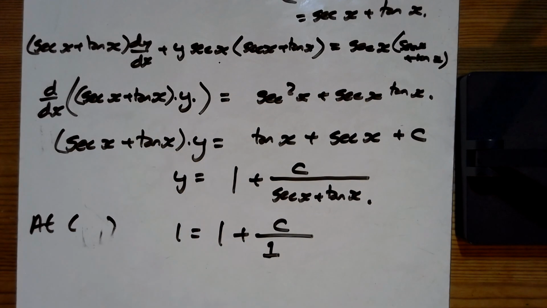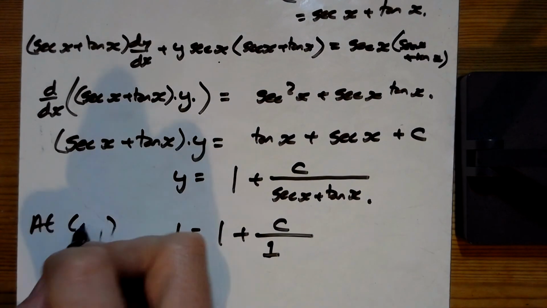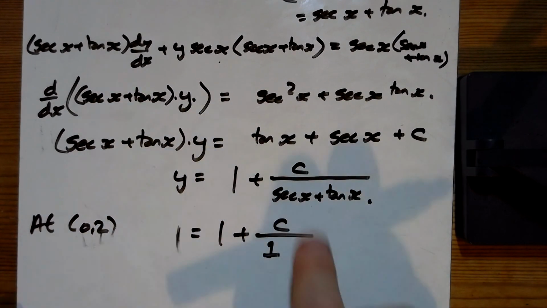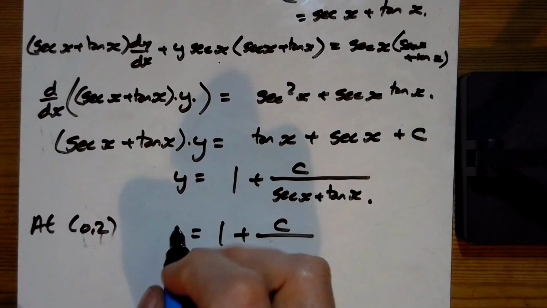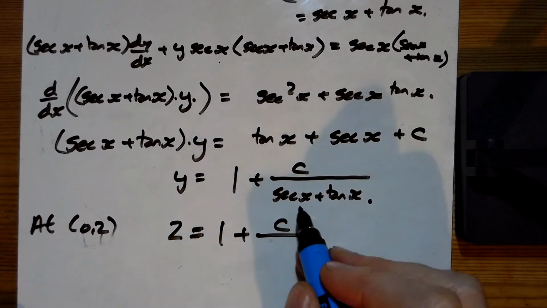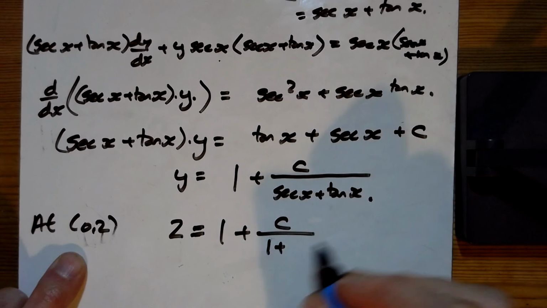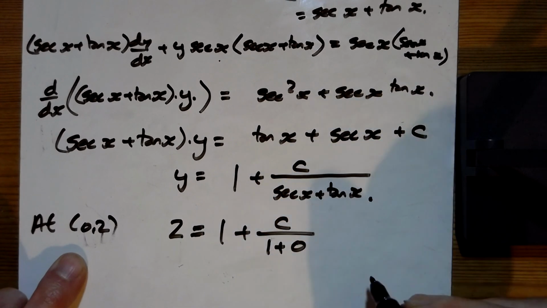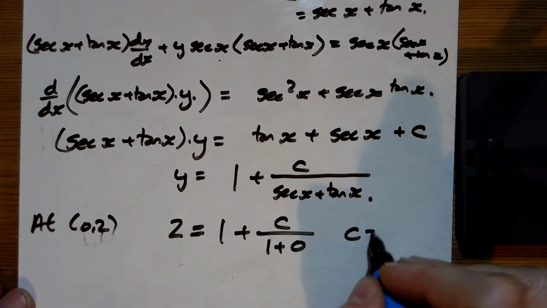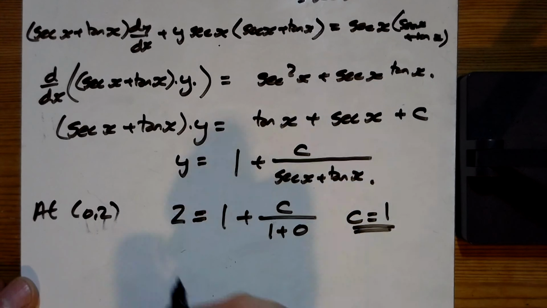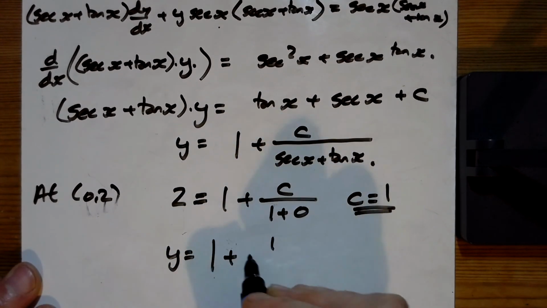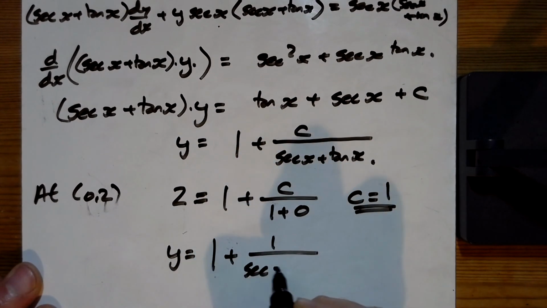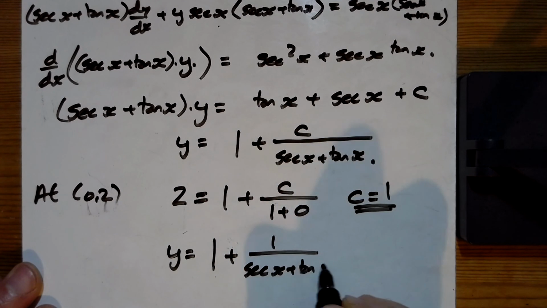We're putting in, I misread it, 0, 2. Okay, because the sec of 1 isn't 1. That's what I was worried about. So stick a 2 in there. The sec of 0, that's 1, and tan 0 is 0. And so that tells me that c is equal to 1. And our answer is y equals 1 plus 1 over sec x plus tan x.